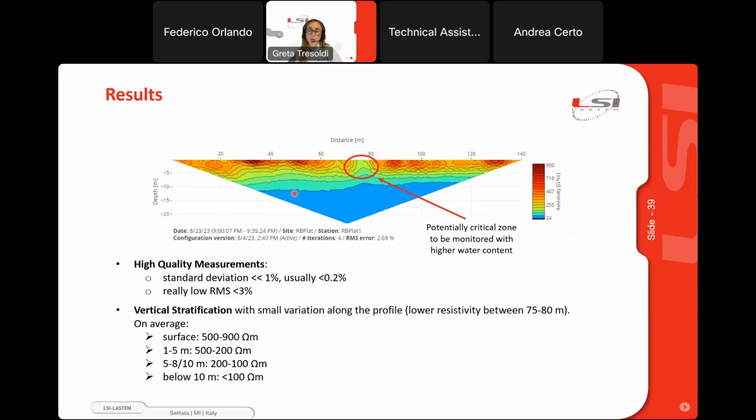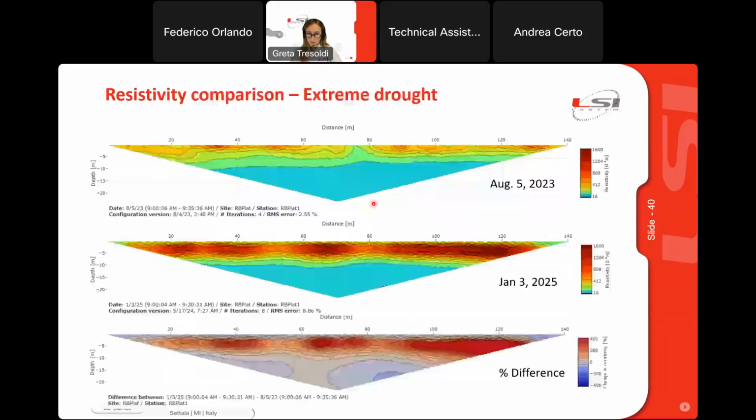In the middle, we have this vertical stratification, meaning that this part of the soil is partially saturated. We could also spot a potentially critical zone with higher water content in the central part. In the site, we don't have a piezometer, but it's quite easy to understand that these really low values of resistivity are related to saturation.